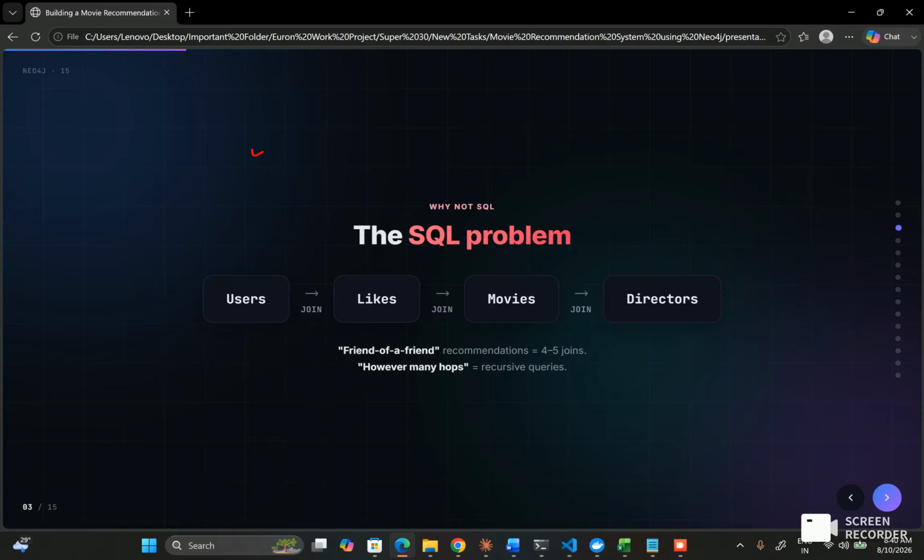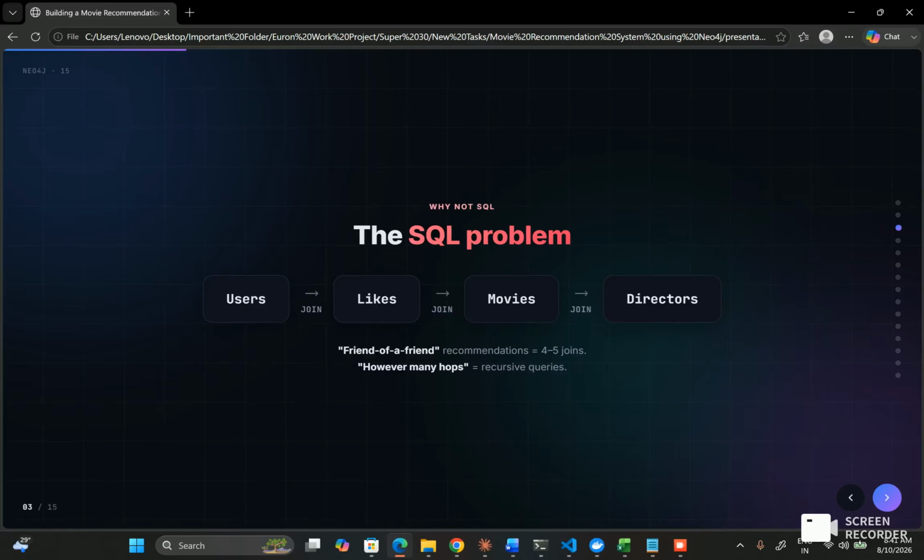Now add that they like the same director. Again 5 or 6 joins. Then a friend of a friend, a friend of a friend of a friend is recommended. However many hops that takes needs a recursive query, which is genuinely painful to write and read.